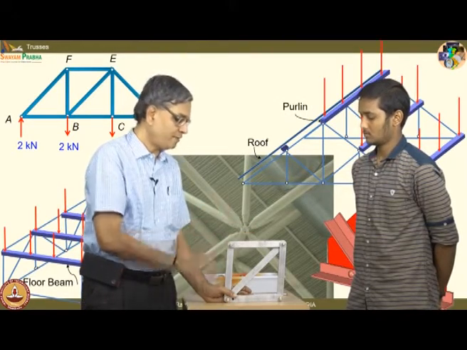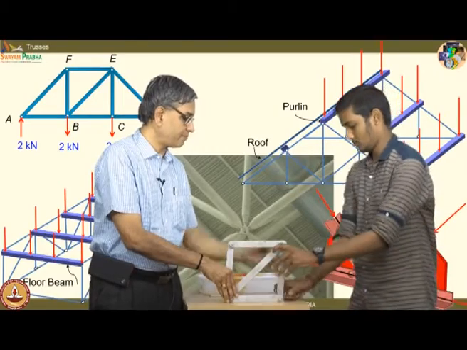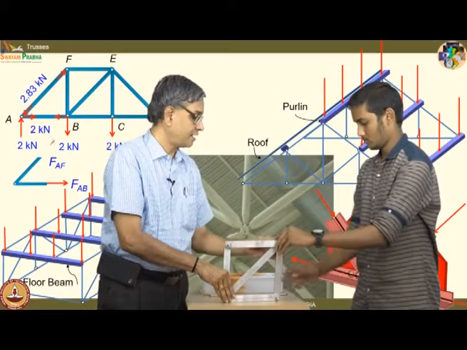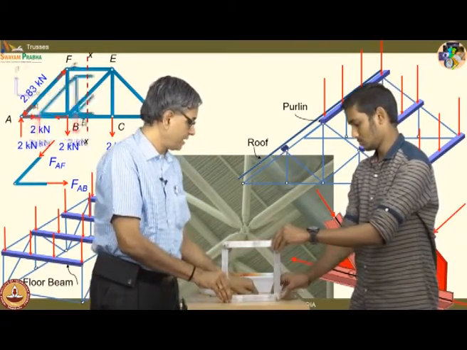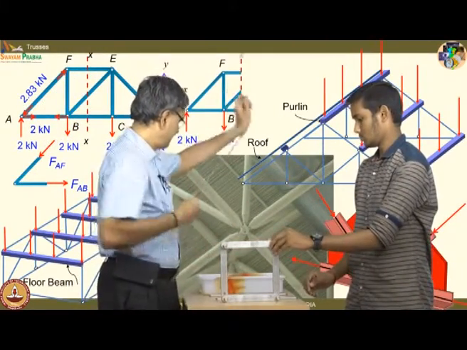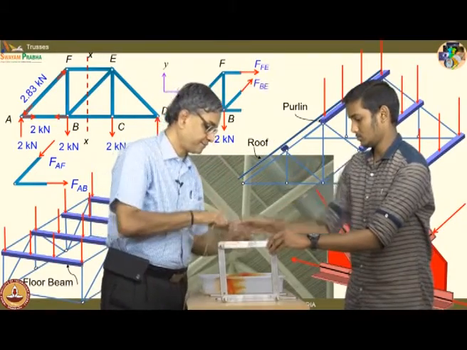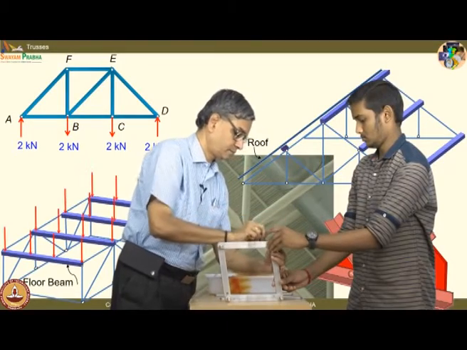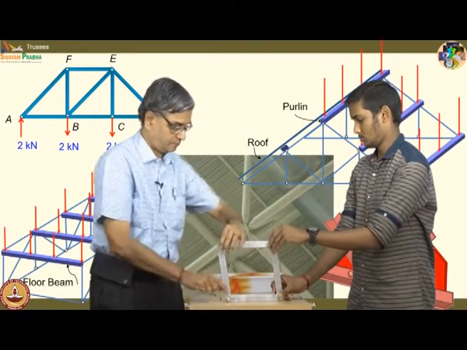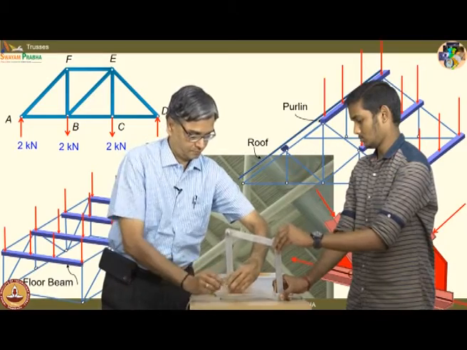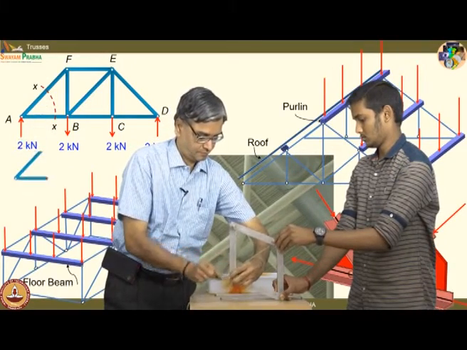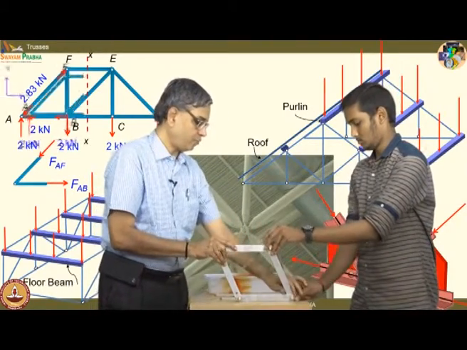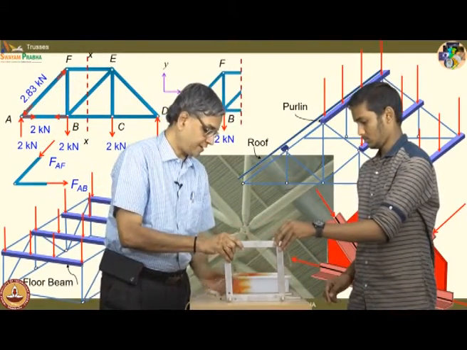Fine. Now what we will do is, I will remove this diagonal member, which is very thick, as good as the members forming the truss. Now I would replace it by just a string. See, this is for your cross bracing.